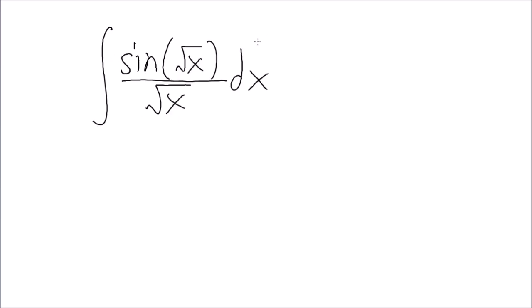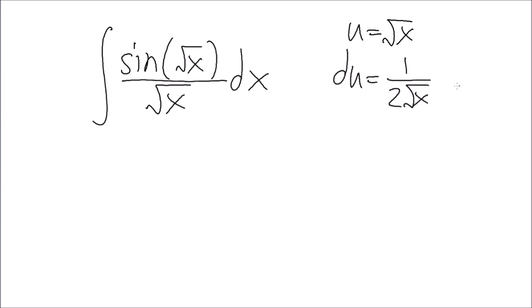Let's keep developing our u-substitution senses. Oh, this looks familiar, right? u equals square root of x. We memorized that du is 1 over 2 root x dx. Because this is a half, we reciprocate it as a 2.